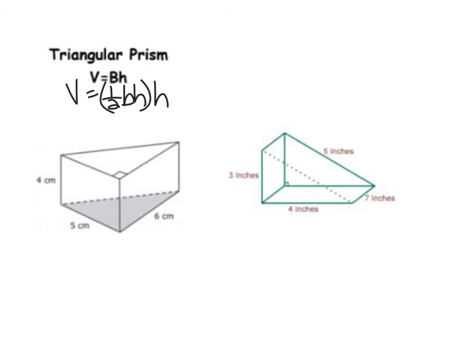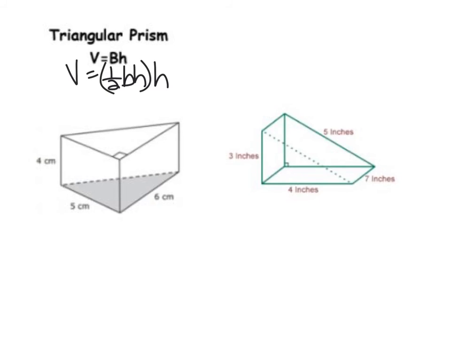So let's go ahead and solve it. Now, here they told you the base is the bottom part, and then you have the base on the top too. But we only need the area of 1. So all we have to do is go ahead and multiply.